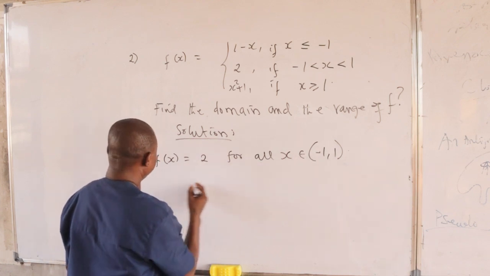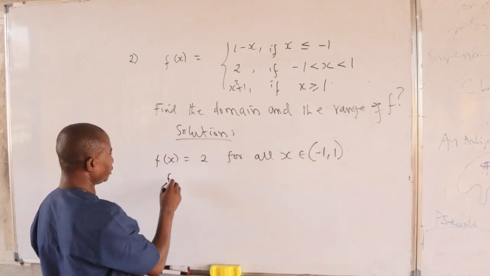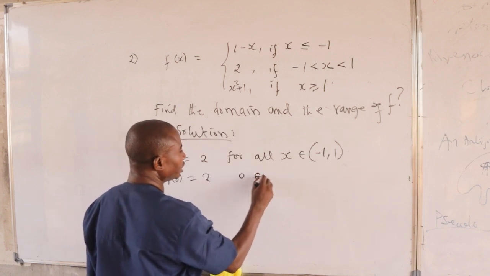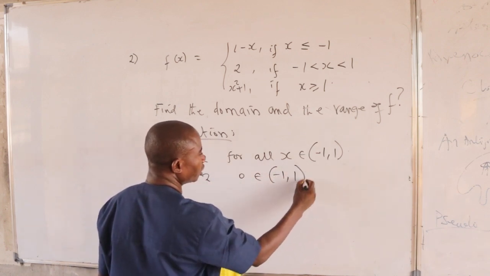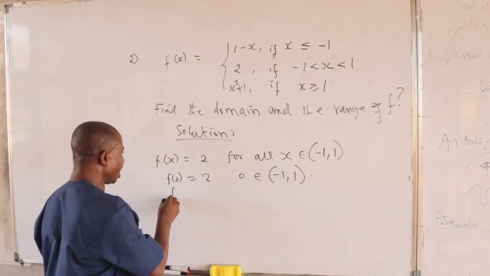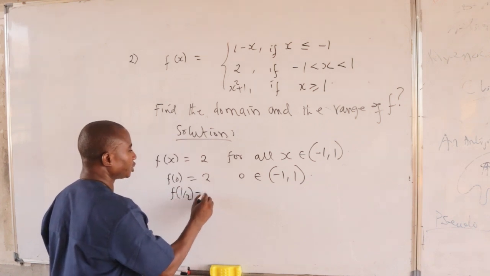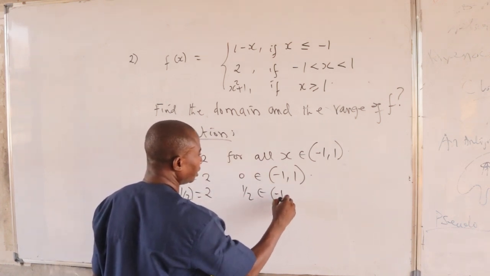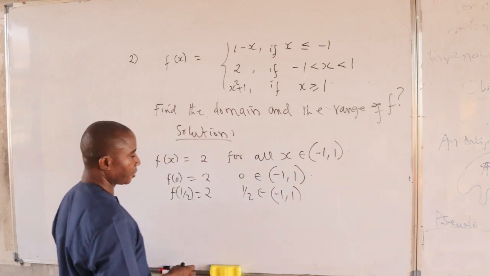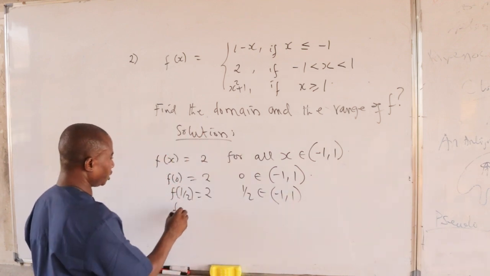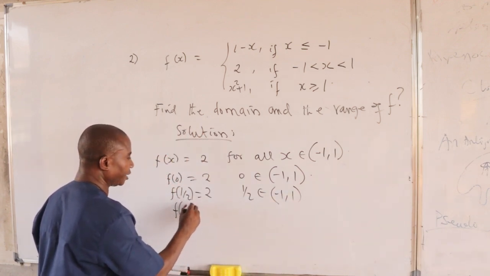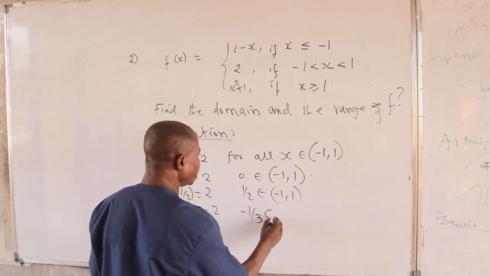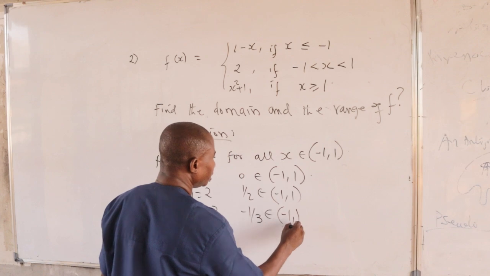Look, f of 0 is equal to 2 because 0 is a member of this interval (-1, 1). f of 1/2 is also 2 because 1/2 belongs to this interval. f of -1/3 is 2 because -1/3 is a member of this interval.